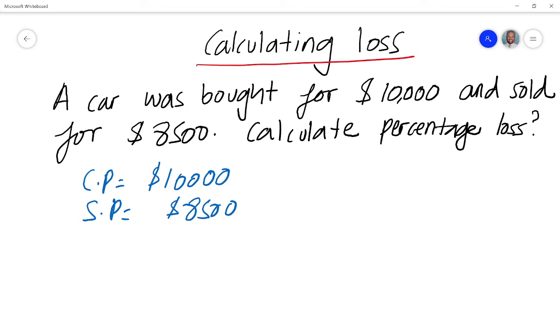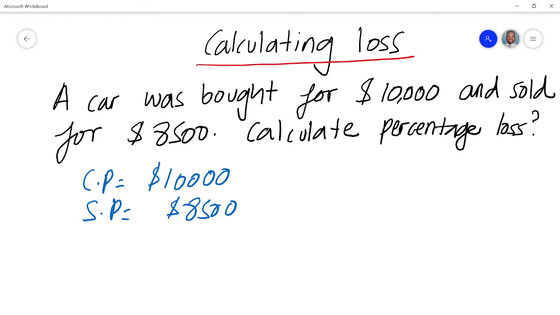That automatically tells you that the person selling this car sold it at a loss, because your selling price of $8,500 is less than your cost price of $10,000. So let's look at the percentage loss.